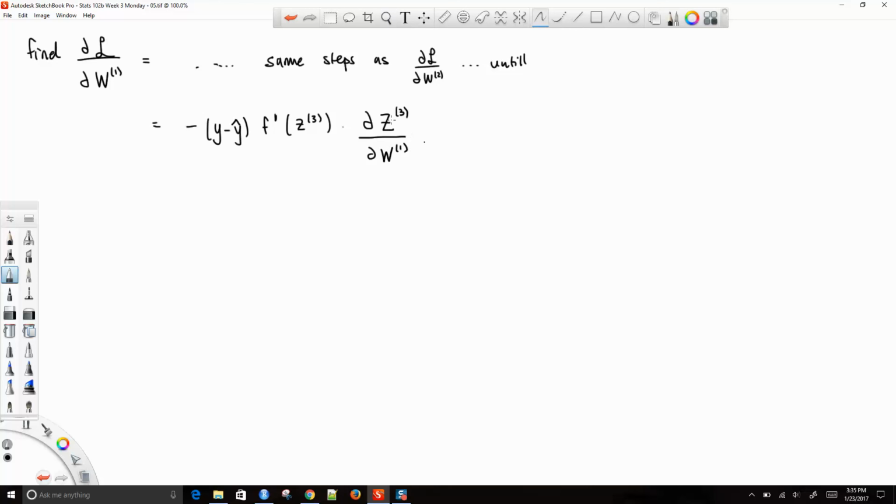Okay, so the rest of the stuff is the same up to here, and now, instead of finding how Z3 varies with respect to W2, which we said was the A matrix, we're going to find Z3 with respect to W1. We have already defined this, and it is saved as delta 3.